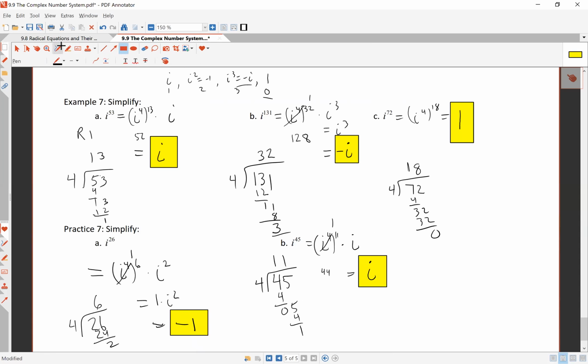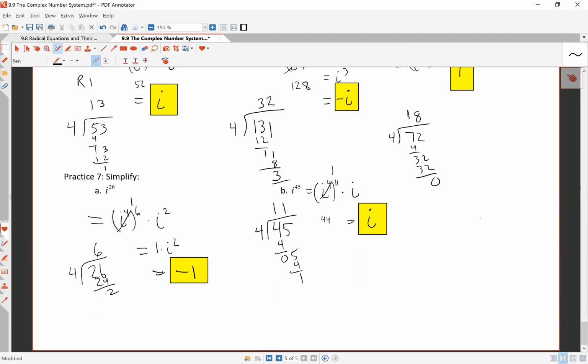So we say that this is cyclical. You start with i, and then you have i squared, which is -1. i cubed, which is -i, and then i to the fourth, which is 1. i to the fifth sits here, i to the sixth, i to the seventh, i to the eighth, i to the ninth, i to the tenth, i to the eleventh, i to the twelfth.